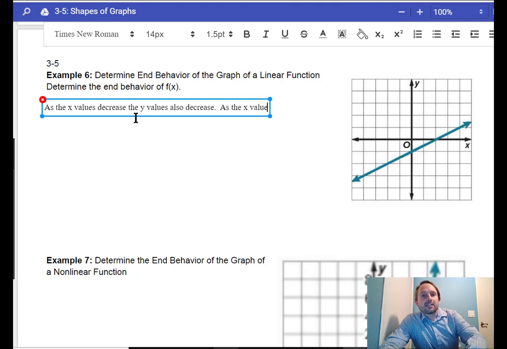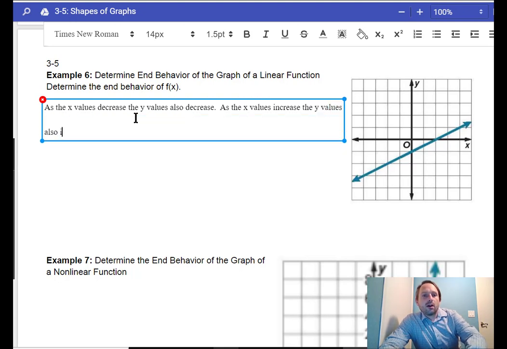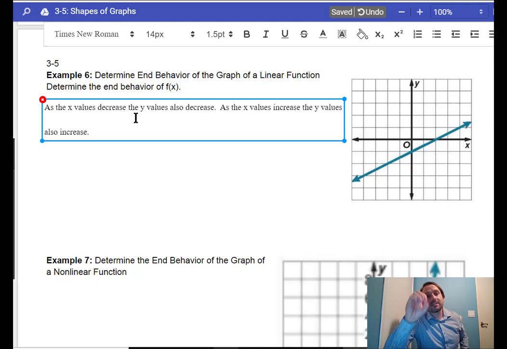As the x values increase, the y values also increase. If we wanted to jump further into this, we could ask whether they increase at the same rate, but we don't need to jump into that. That's just an idea. All right, let's go on.